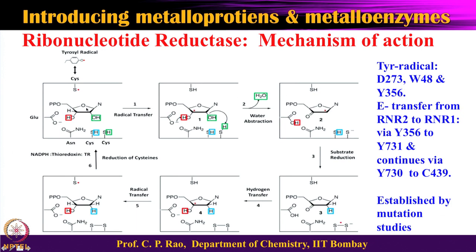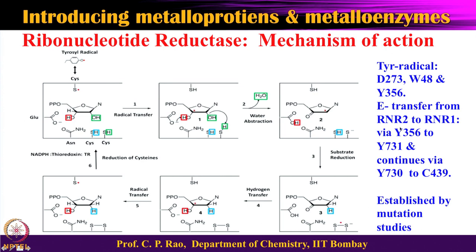Coming to the other part, the RNR1, there is an electron transfer, or radical transfer, going from the RNR2 to the RNR1. This whole region is RNR1. Here the radical transfer, or electron transfer, goes through tyrosine 356 and tyrosine 731, and continues via tyrosine 730 to cysteine 439.